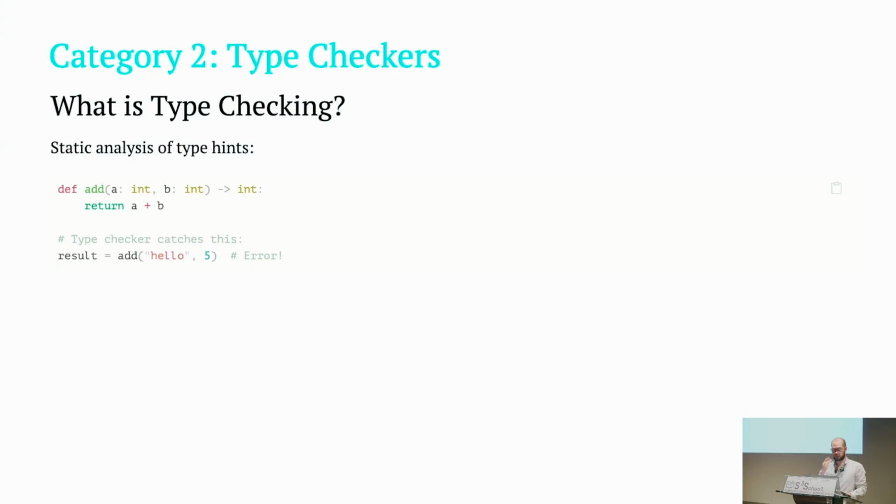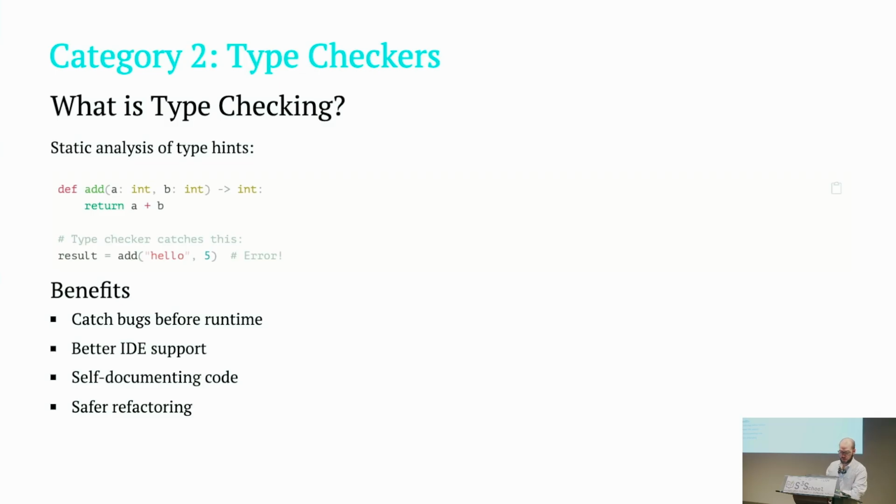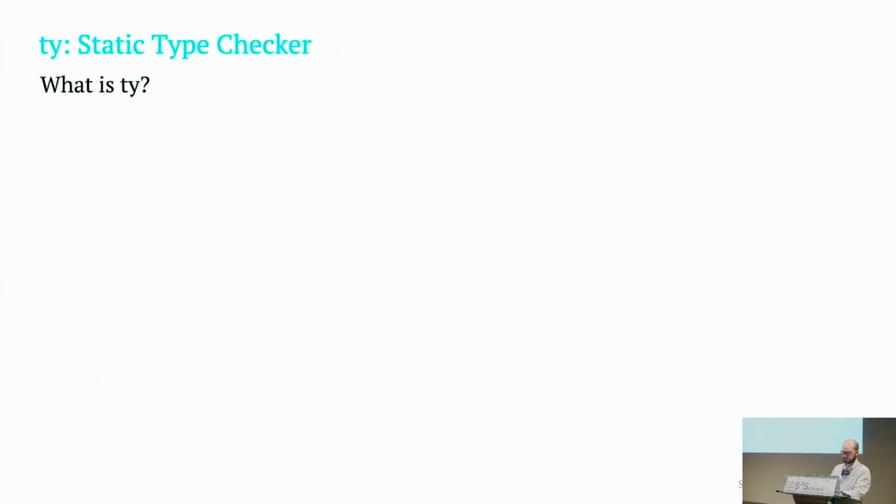So you can find some bugs early. So yeah, catch bugs before runtime. Also, your IDE will underline these problems. And it helps you to refactor the code if you need.